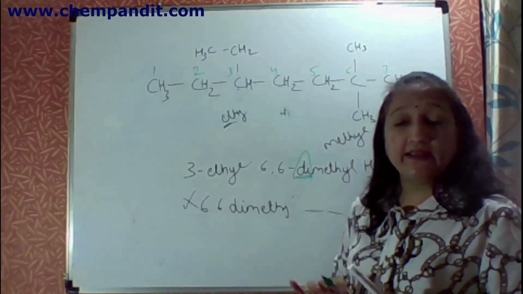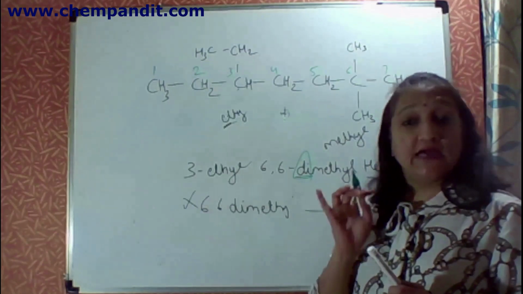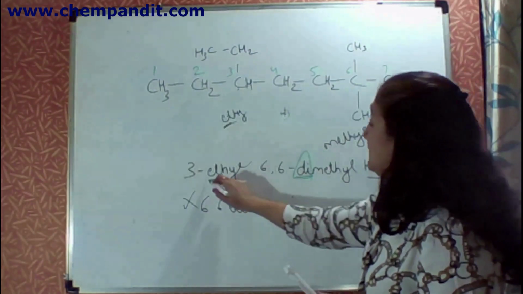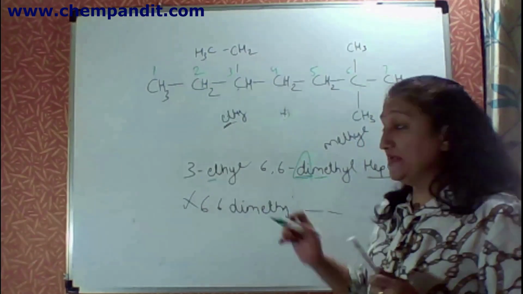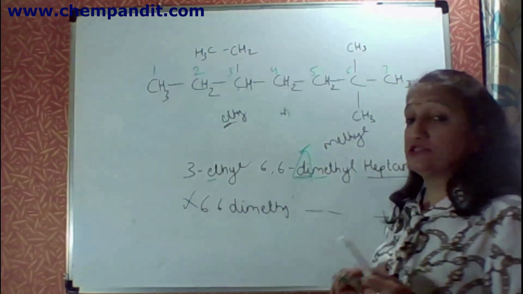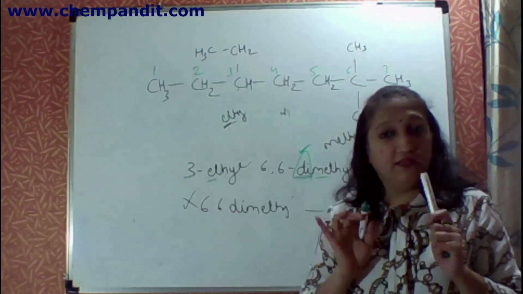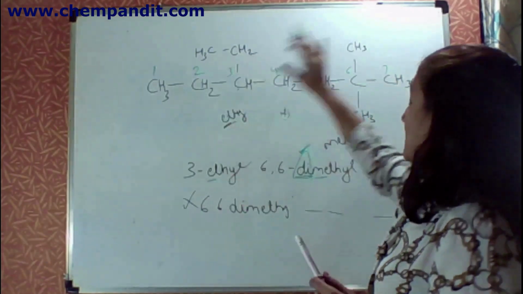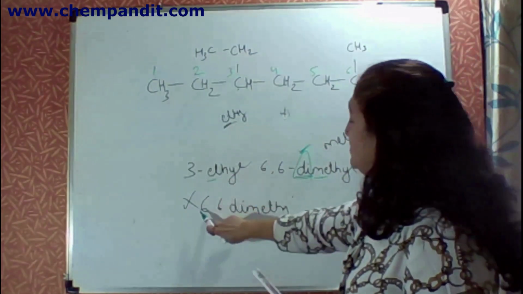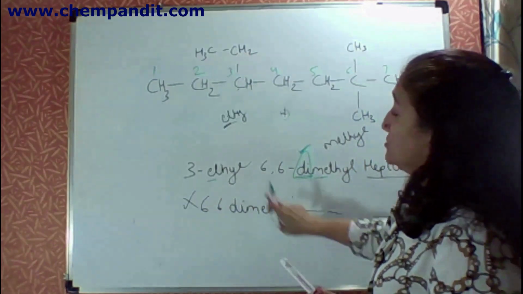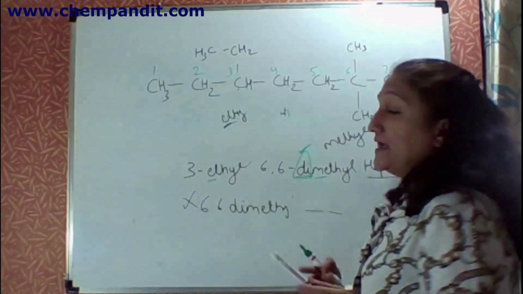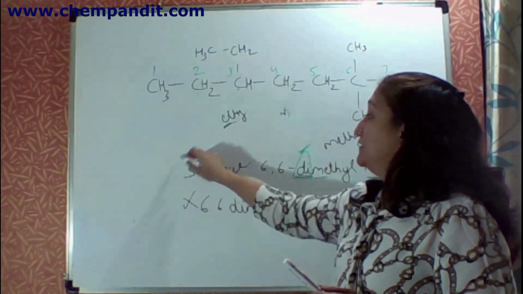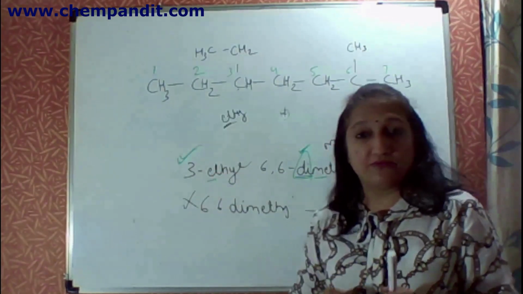When we write the names of substituents in alphabetical order, then E of ethyl and M of methyl is considered and the prefix di, tri is not considered. Am I clear enough? So if you write the name of the compound like that, it will be wrong. So you need to write it 3-ethyl 6,6-dimethyl heptane. This is the correct name of this organic compound.